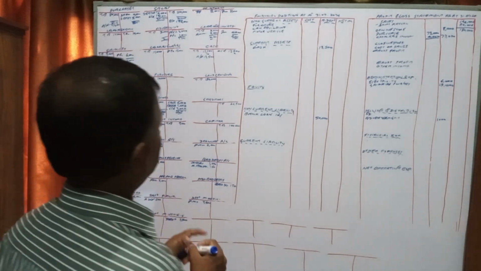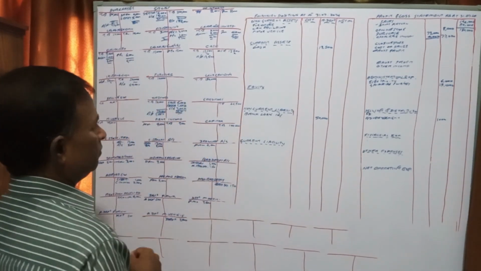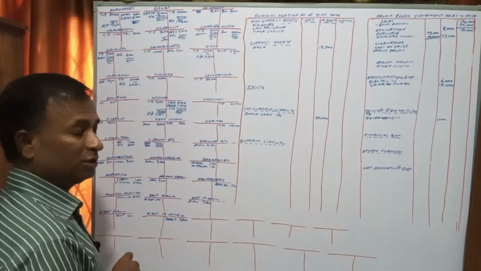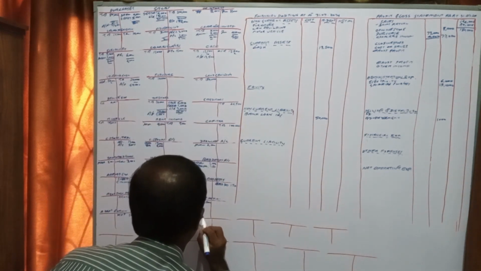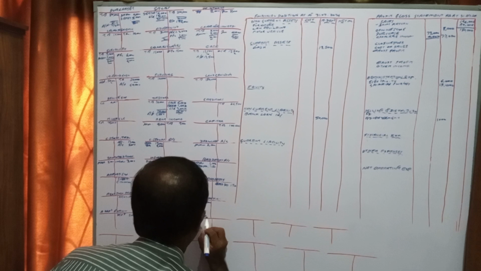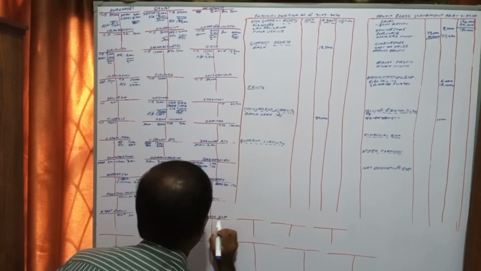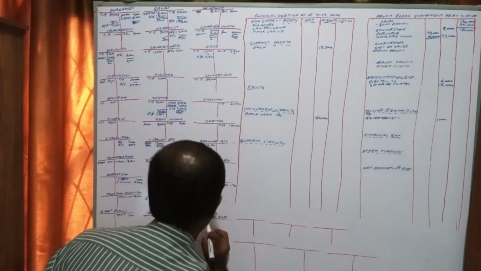Then 10% bank loan in the sense interest payable. We haven't come across any interest paid in the trial balance. So interest expense account debit 10% on 50,000 is 5,000.